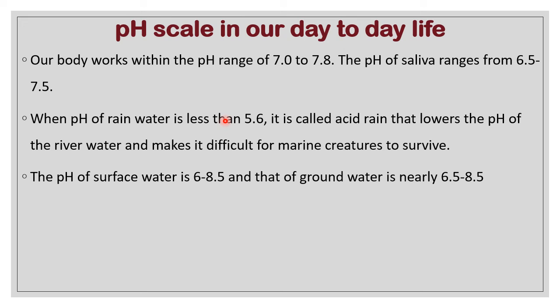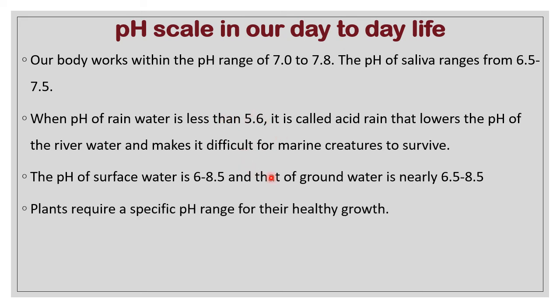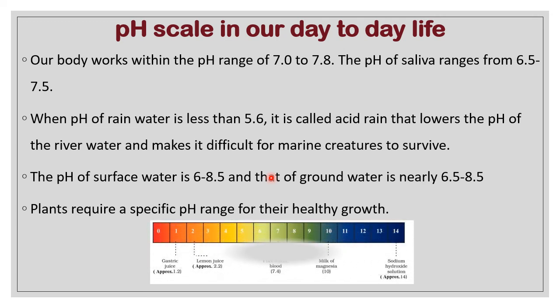Groundwater pH is almost 7, which is best for our body. Plants require specific pH. Take the soil and test the pH value. They will prescribe proper manure or fertilizer so that the acidic or basic strength is minimized for the healthy growth of a plant. So this is the pH range and the color.